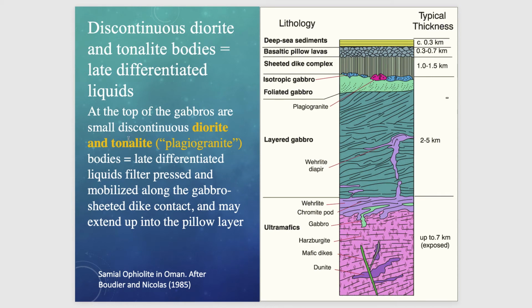So at the top of the gabbros you will find the small discontinuous diorite and tonalite bodies, and these are late differentiated liquids that are mobilized along the sheeted dike contact with the gabbros. Sometimes these can extend further up as well.